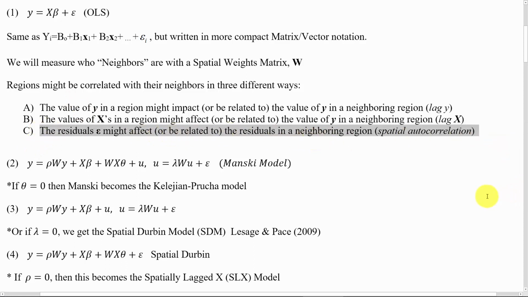So instead of serial correlation, we call it spatial autocorrelation. What might this mean? Well, remember that the residuals are a component of the dependent variable, say unemployment, something about that unemployment that we can't explain, some unexplained variation in that.